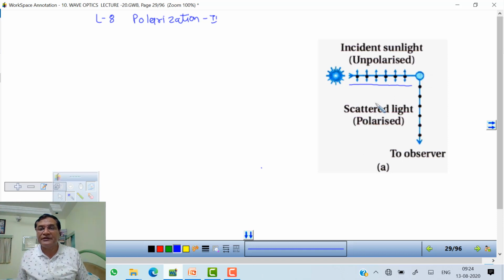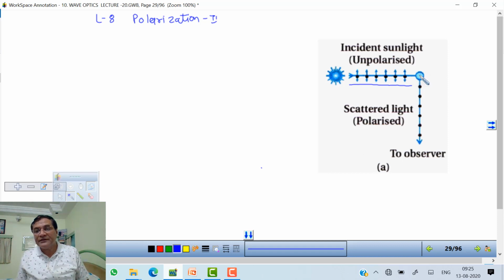You know the word scattering; we already discussed in ray optics what scattering is. When this light is incident here, the electrons in all the particles start oscillating.